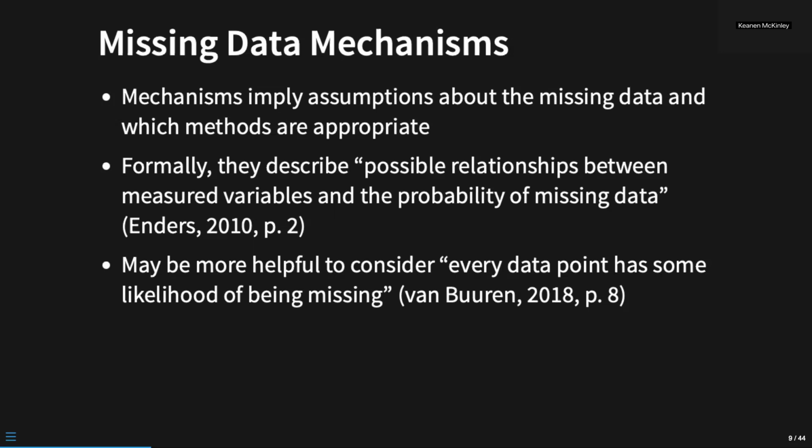The first part is the missing data mechanisms, and this is important because it's going to inform the methods that we use to handle missing data. Understanding the missing data mechanisms and the underlying assumptions is important. These describe the possible relationships between the measured variables that we've observed in our research and the probability of missing data.